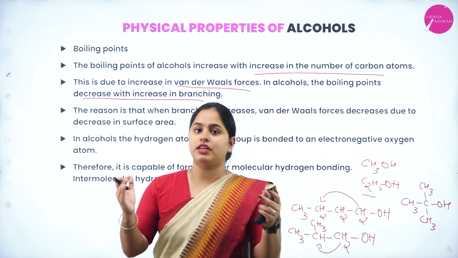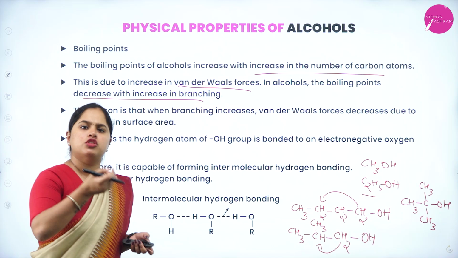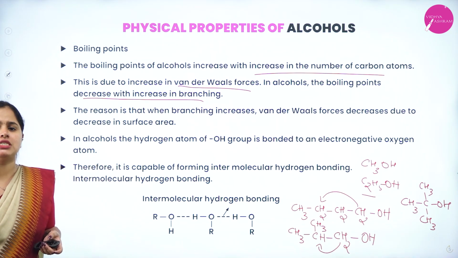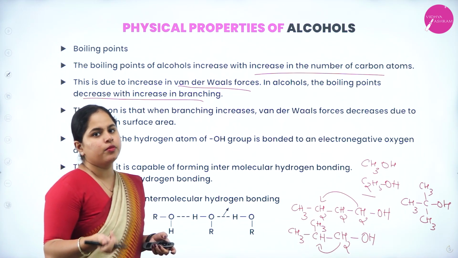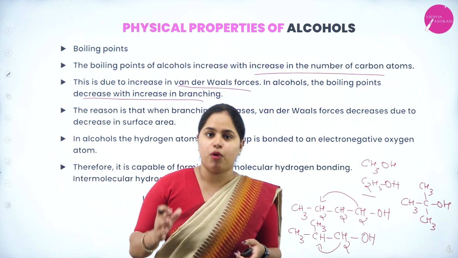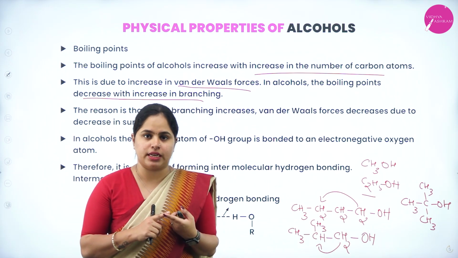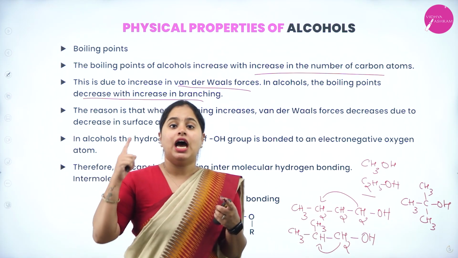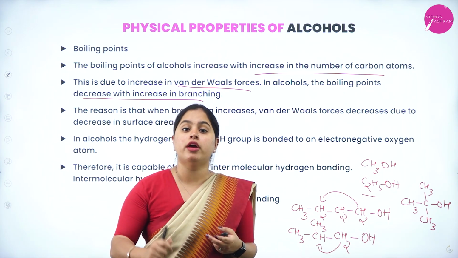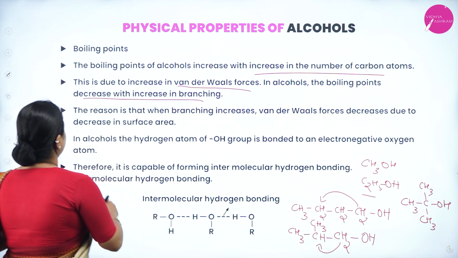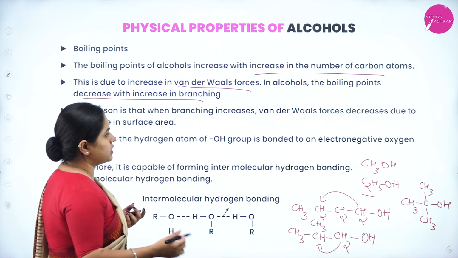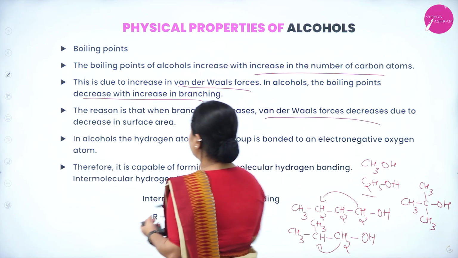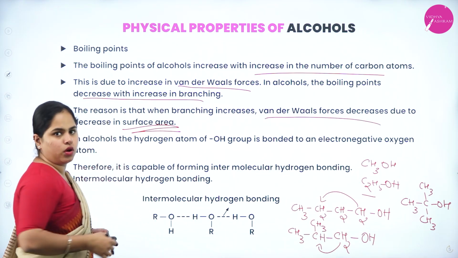When the surface area decreases, the boiling point also decreases because it becomes much easier to boil the alcohol. So what you have to remember, under boiling point: when the number of carbon atoms increases, the boiling point increases, and when the branching increases, the boiling point decreases. The reason is that when branching increases, the van der Waals force decreases due to a decrease in surface area. This is what I discussed now.